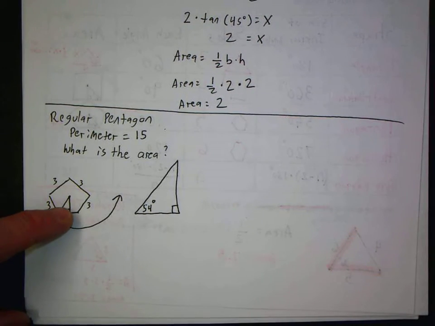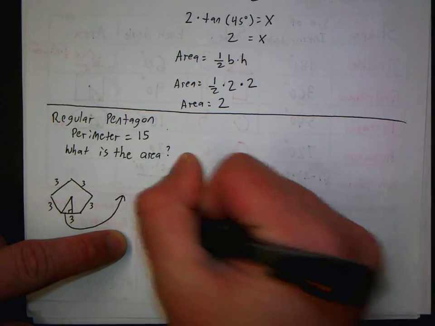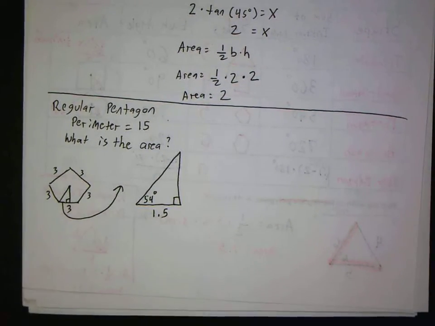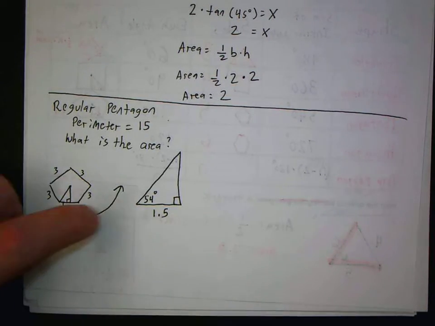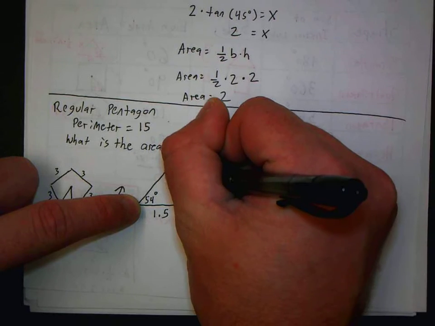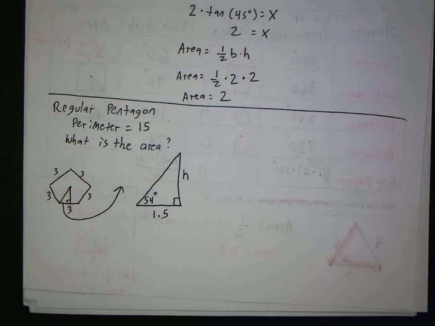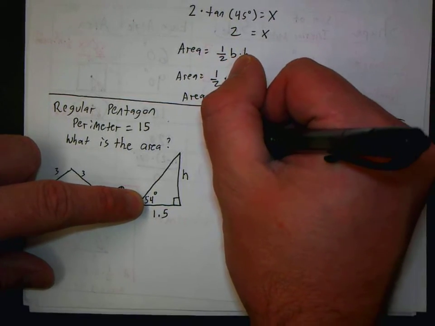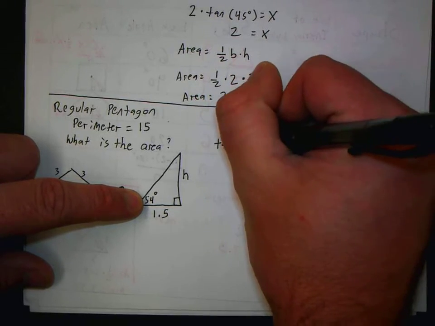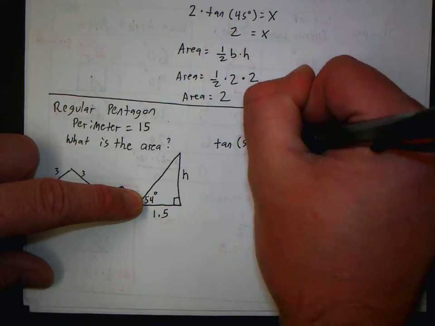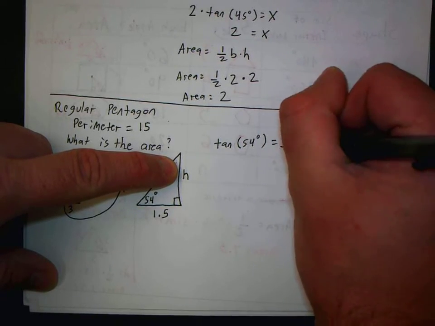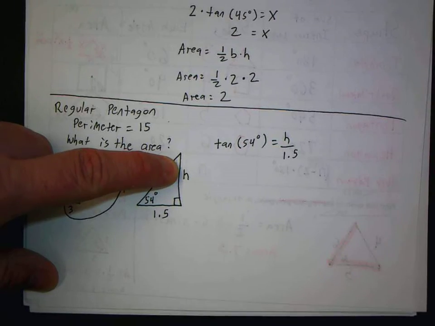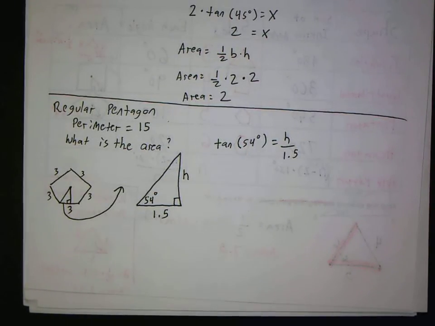Because the triangle is not the full length, it's half of it, this is 1.5. So we need to find the height. And it's always going to be tan, by the way. So you say, okay, tan of 54. SOHCAHTOA, O and A, equals H over 1.5. Multiply both sides by 1.5.